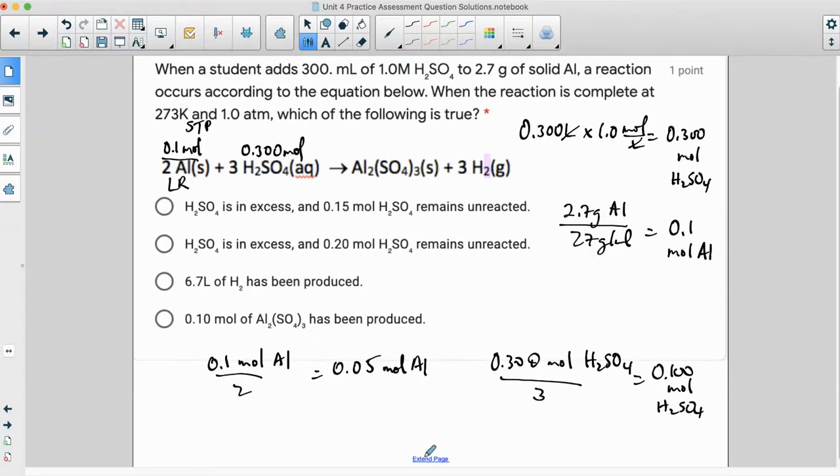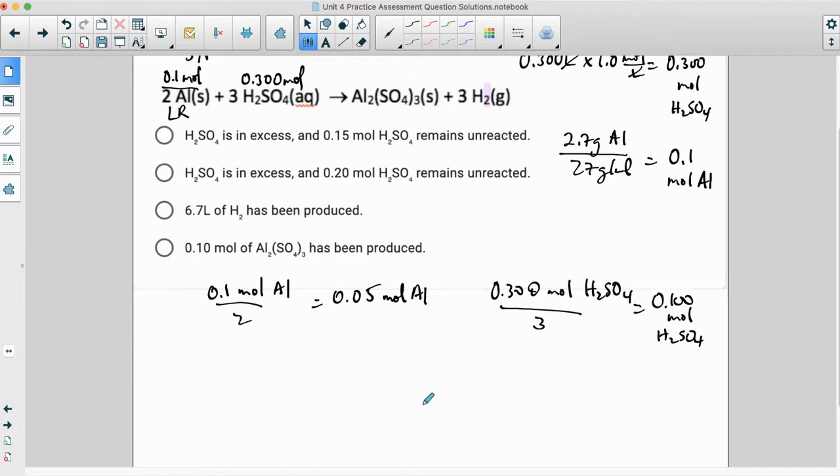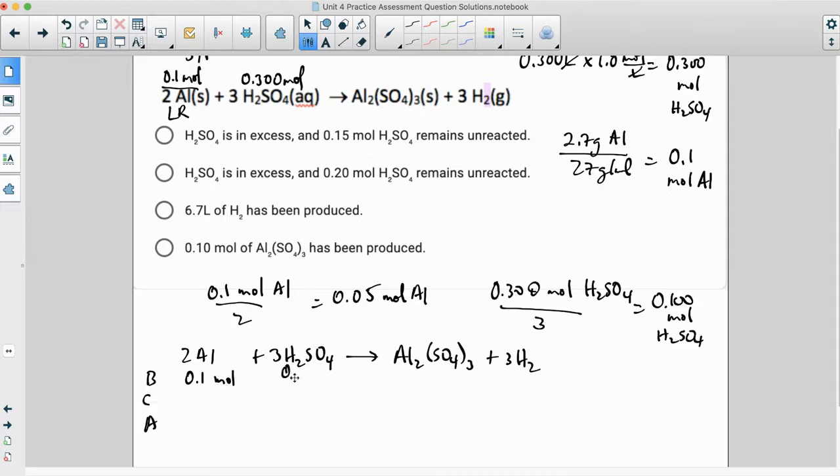Looking at the answers, I think it might be easiest if we stick this into a BCA table and figure out what happens. So I take my 2Al plus 3H2SO4 and I form aluminum sulfate plus 3H2. I start out with 0.1 moles here and 0.3 moles here, and 0, 0.